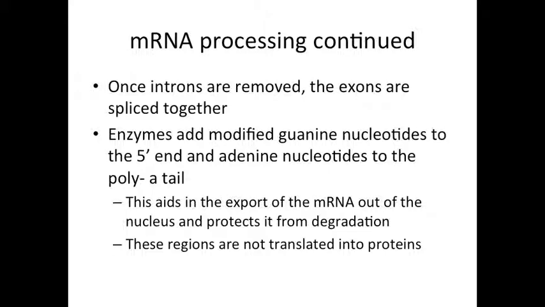Once the introns are removed, the exons are spliced together. Additionally, enzymes add modified guanine nucleotides to the 5' end and add adenine nucleotides to the 3' end, which is known as the poly A tail. This aids in the export of the mRNA out of the nucleus and protects it from degradation. These regions are not translated into proteins.